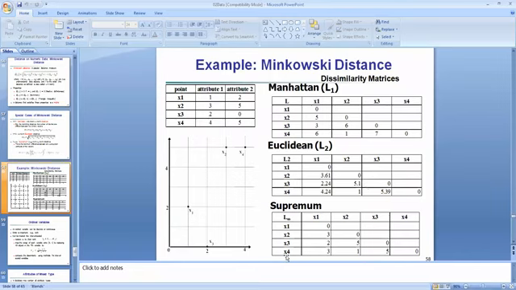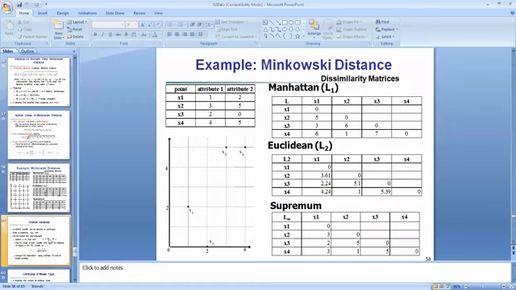The distance between x4 to x3 is 5, whereas using the Euclidean formula it is 5.39. This means there is a difference between the different distance formulas: Manhattan, Euclidean, and supremum.